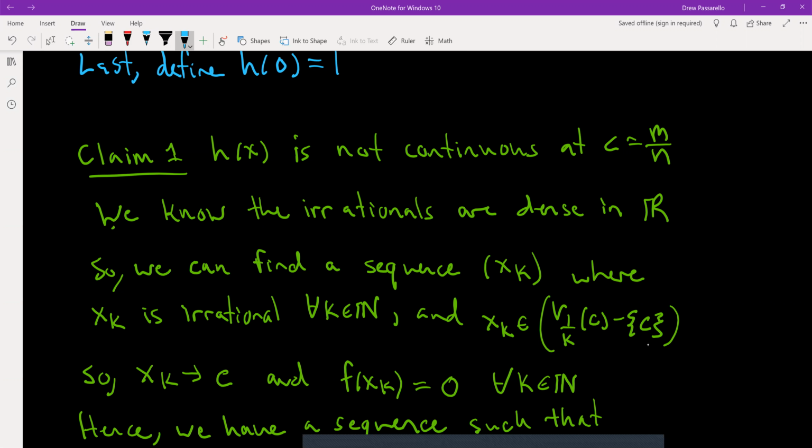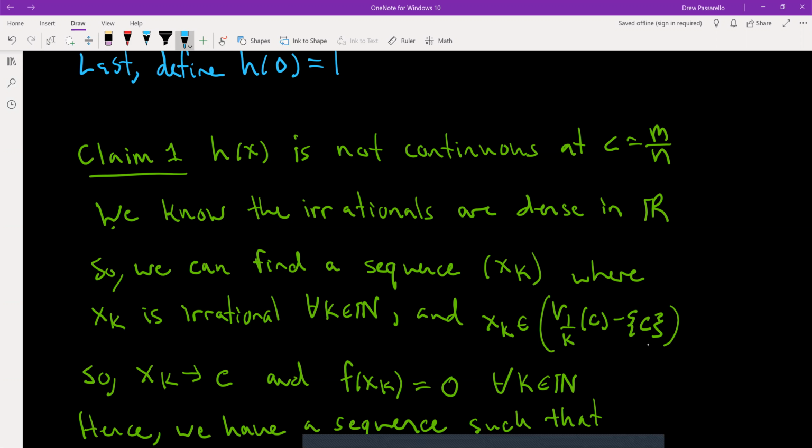So each xk is a member of the neighborhood of 1 over k around c, where you take c out, so they can't be c itself. c is a rational number, so we only want irrational xk values. So that's the punctured neighborhood around c, the 1 over k neighborhood around c.